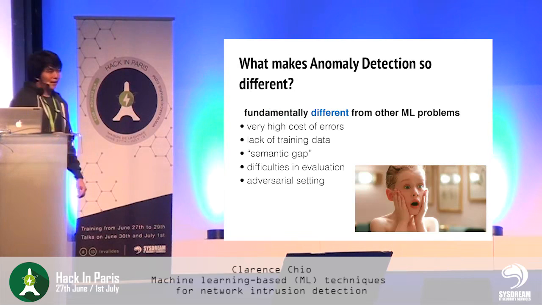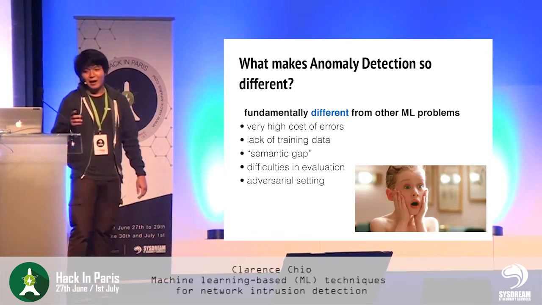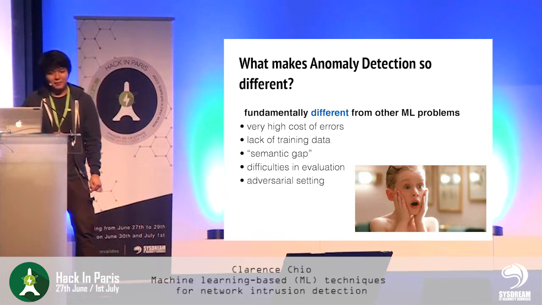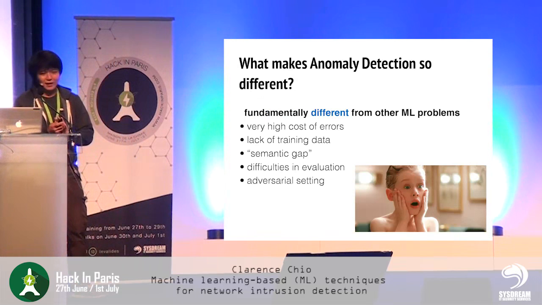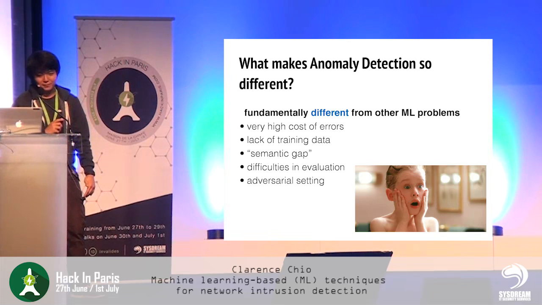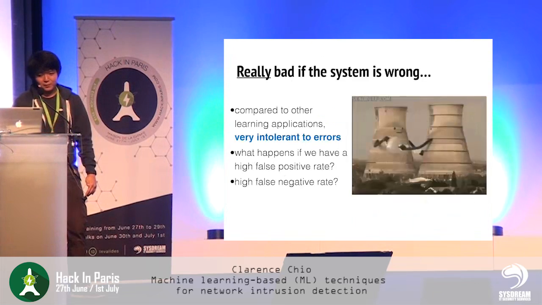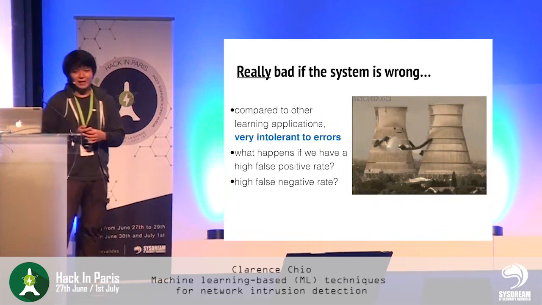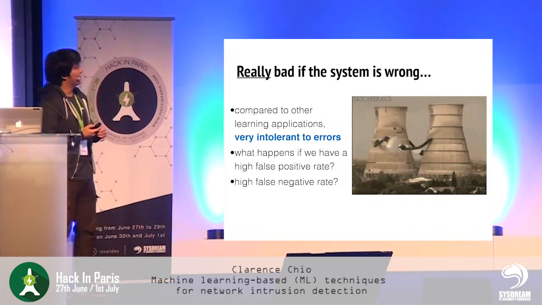Okay, so what makes anomaly detection different from other problems? I've identified 5 here, and I'll be going through each one of them in the following few slides. So compared to other learning applications, there's a very high cost of error.